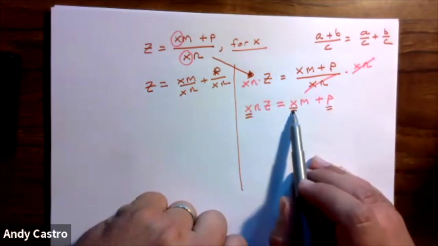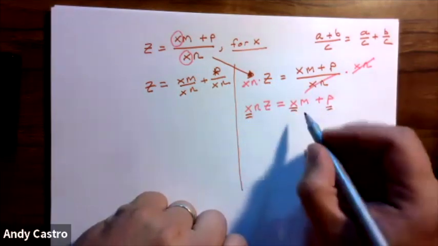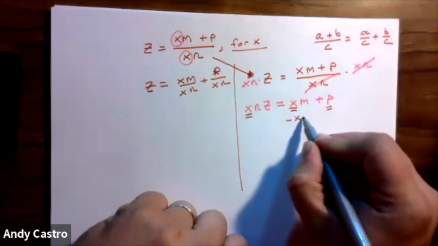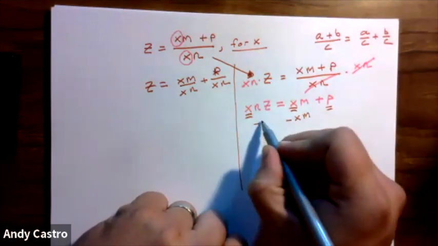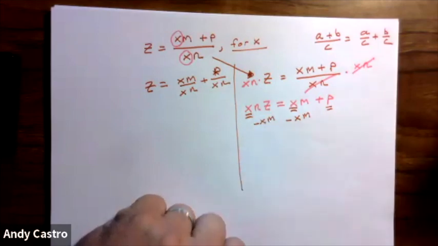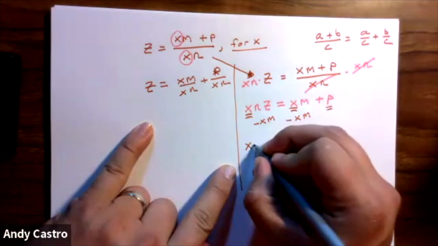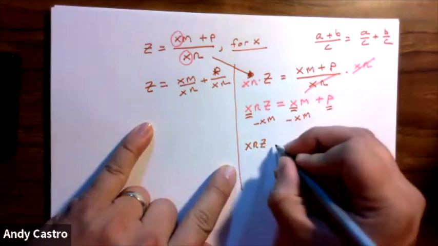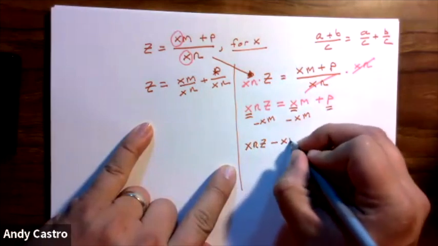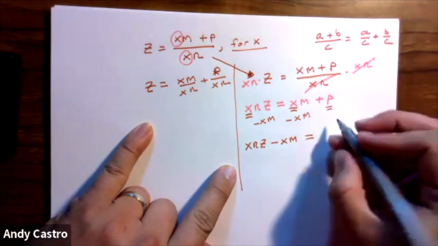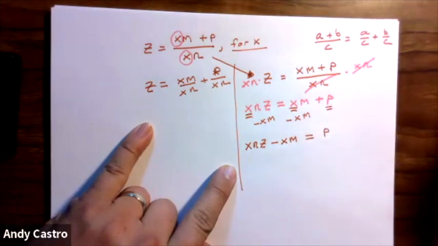I'm going to bring this xm to this side, so I will subtract xm from both sides. Okay? So you have xnz minus xm is equal to p.